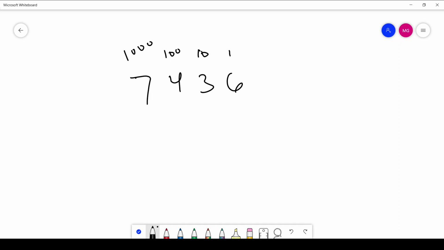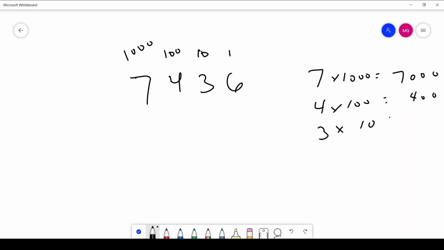And we also know we can do this. We can say we have 7,000s. We have 400s. So you should remember this from basic math. We have 3 tens.